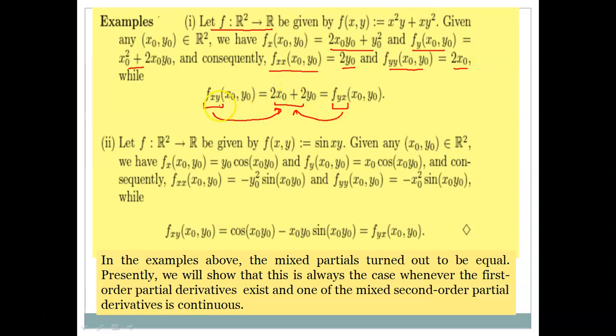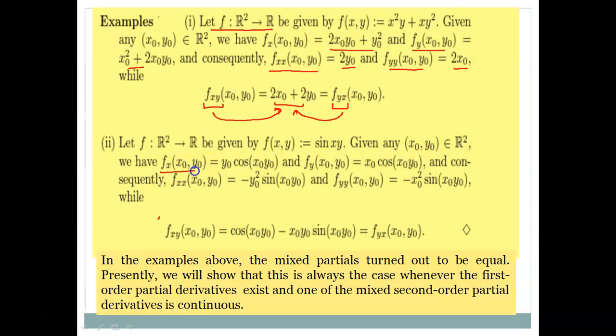That is why the mixed partials f_xy and f_yx are equal. Now the second case: we have f from R square to R given by f of x, y equal to sin xy, and any point x naught, y naught belonging to R square.